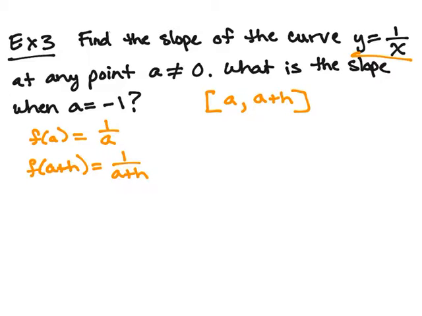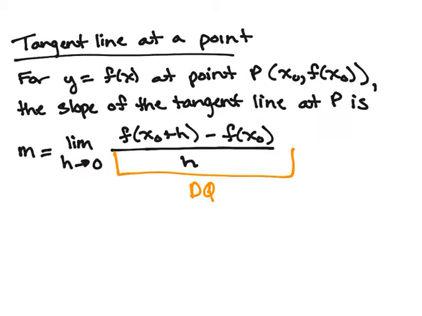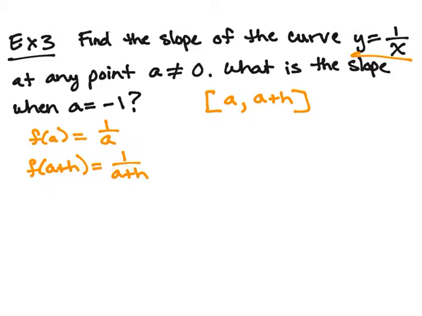When we do these, the difference quotient is always going to get the h out of the denominator. Because if the h stays in the denominator, when I do the direct substitution, I'm going to be dividing by 0. So when these are done correctly, that h in the denominator should simplify with something in the numerator.